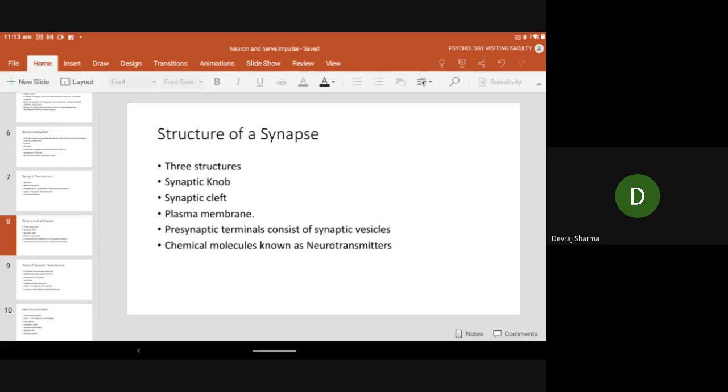Also do this one on page 45: explain the structure of synapse, elucidate the steps of synaptic transmission, and list the main neurotransmitters. That is given on page 42. All the neurotransmitters and their functions are given here.